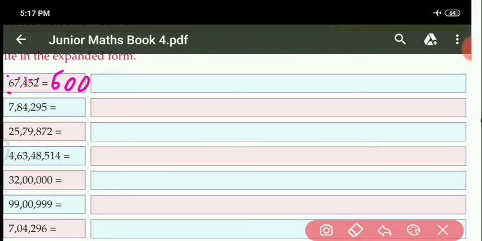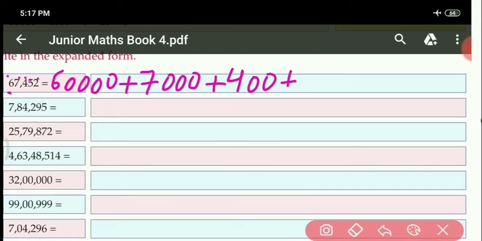So here write 60,000 plus 7 is given at 1000 place, so it will be 7 into 1000, 7 and 3 zeros, plus 4 is given at 100 place, so 400 only. Then next, 5 is given at tens place, 5 tens, plus 2 ones, 2 into 1, 2 only.